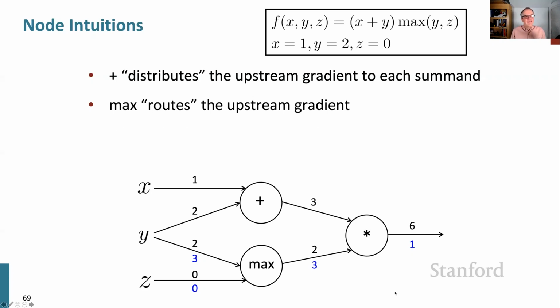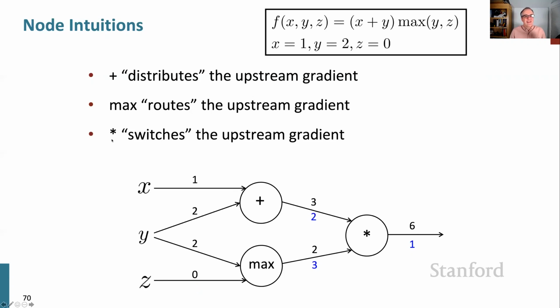When you have a multiplication, it has the effect of switching the gradient. So if you're taking 3 by 2, the gradient on the 2 side is 3 and on the 3 side is 2. If you think about it in terms of how much effect you get from wiggling, that totally makes sense, because if you're multiplying another number by 3, then any change here is going to be multiplied by 3, and vice versa.